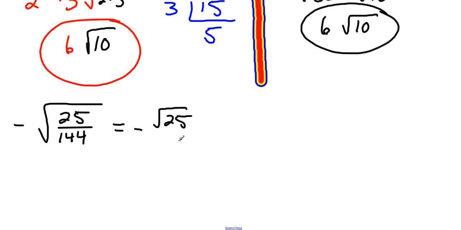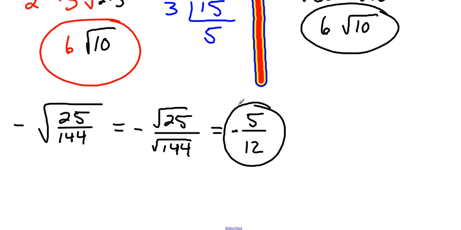You can do the square root of 25 and make it 5. You can do the square root of 144 and make it 12. And for that one, since the negative was out front, the negative just stays out front. So that's one where they'll give you some perfect square roots, where most of the time you don't get those. But they're going to make you break it up into fraction form to look at the 2 parts of it.